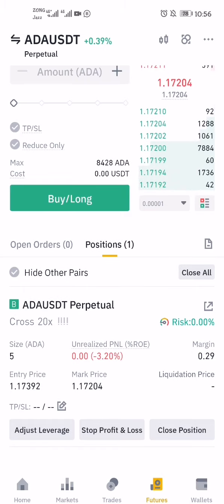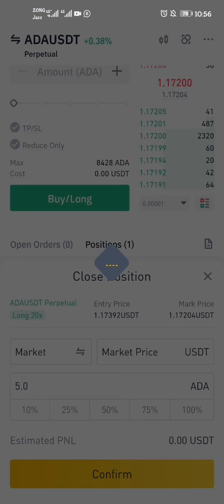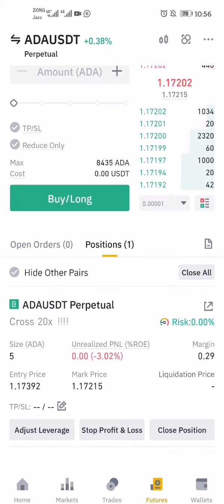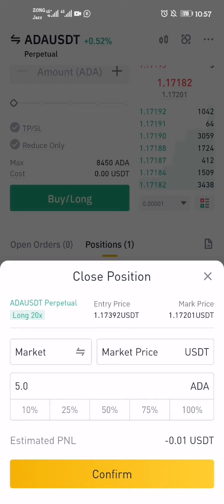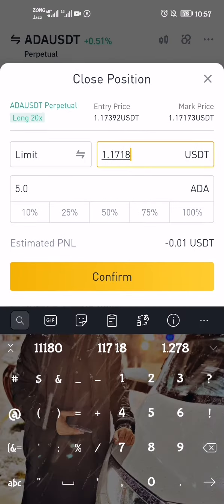How to take profit in parts? For that, close position. My internet is not working really. Yeah, here limit, and you can take profit in parts from here.